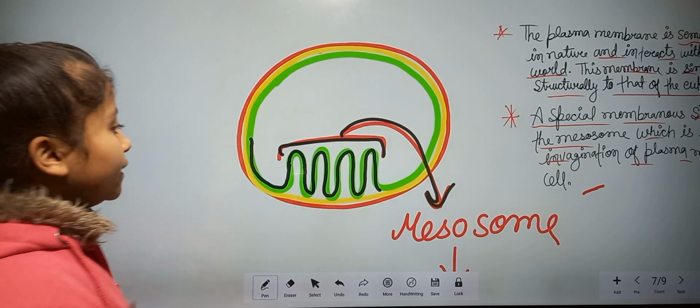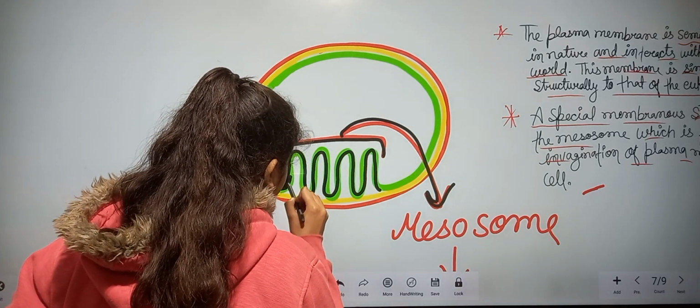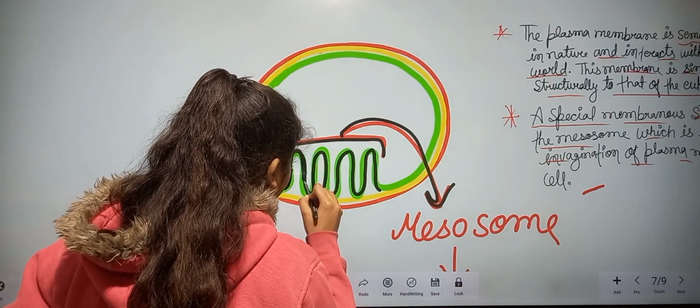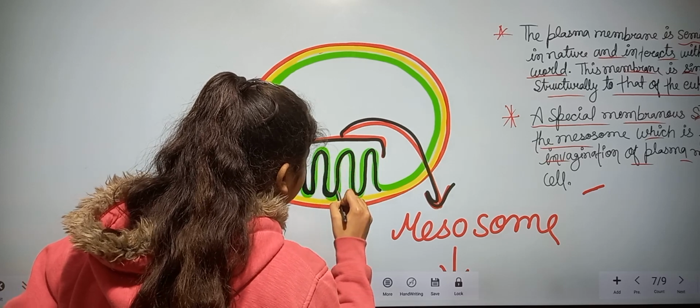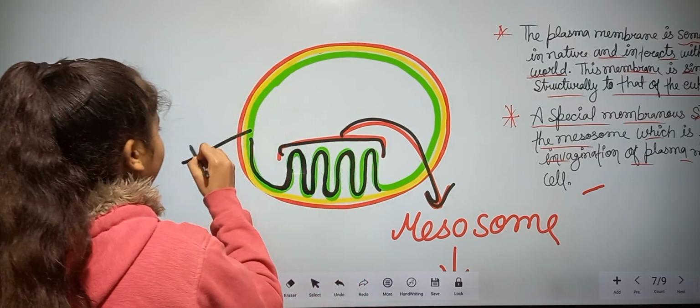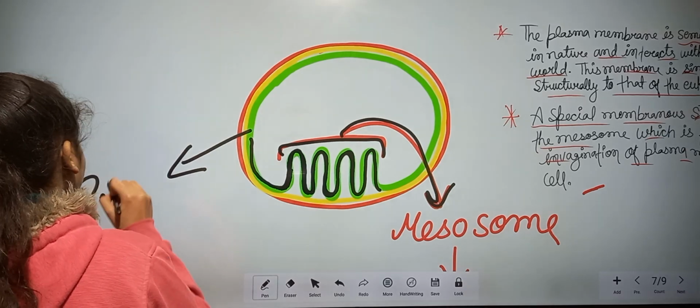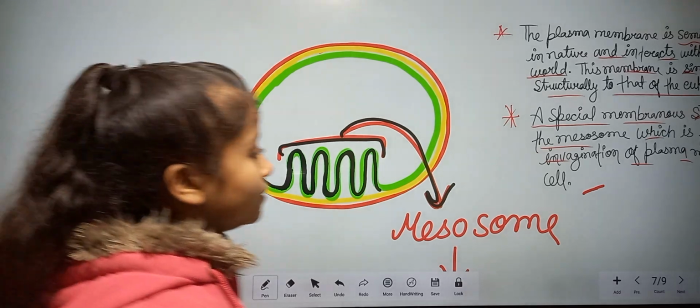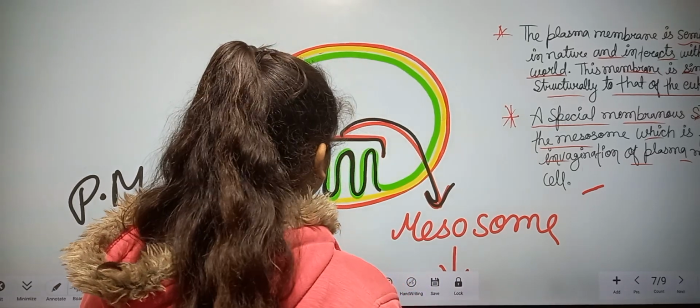Here, not a single membrane is touching the cell wall. This green part is called the plasma membrane, it means the cell membrane. Both names are of the plasma membrane.